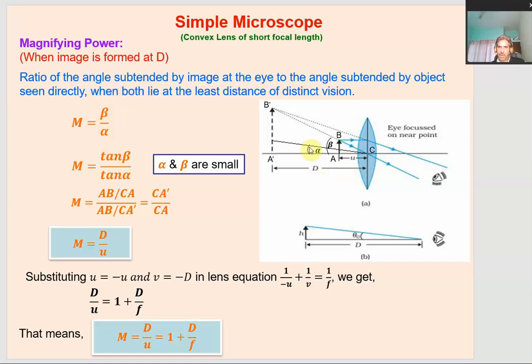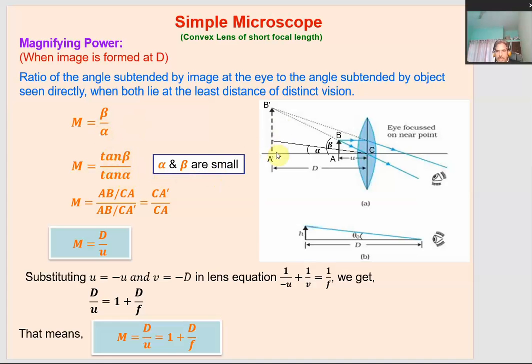Now, because this eye lens has a very small aperture and focal length, these angles beta and alpha remain quite small, due to which they can be replaced by their tangents. So beta can be written as tan beta and alpha as tan alpha. Now we can find the values of tan beta and tan alpha from these two triangles.